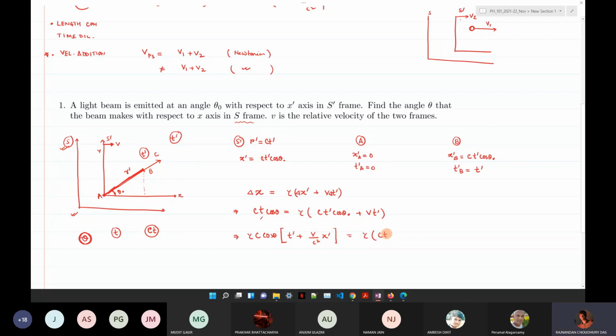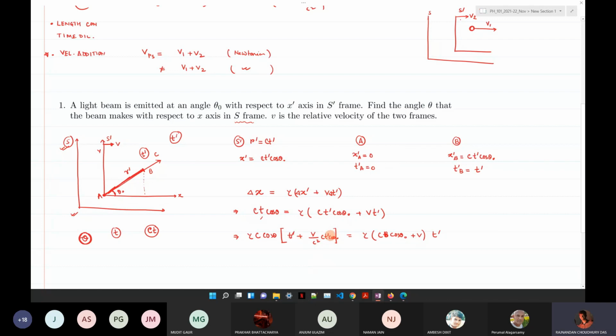I am writing it like this so that I can cancel out the t primes. We know that x prime is c t prime cos theta 0.